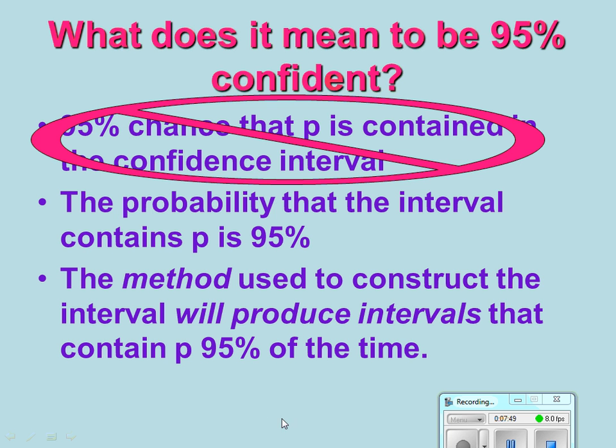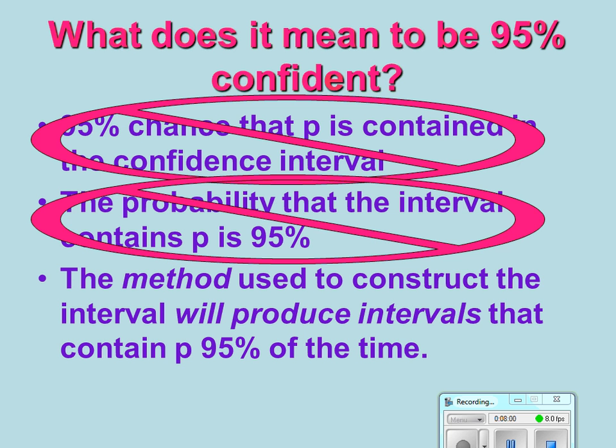Is it that the probability that the interval contains p is 95%? No. It is the method used to construct the interval that will produce intervals that contain p 95% of the time.